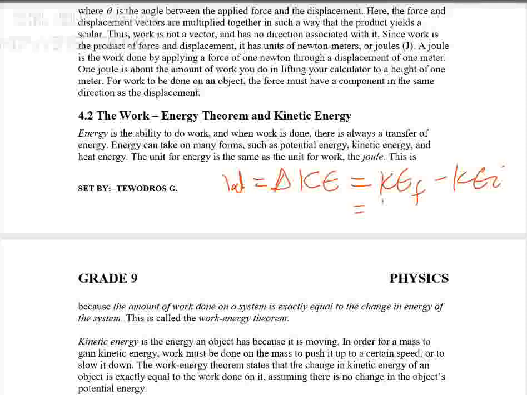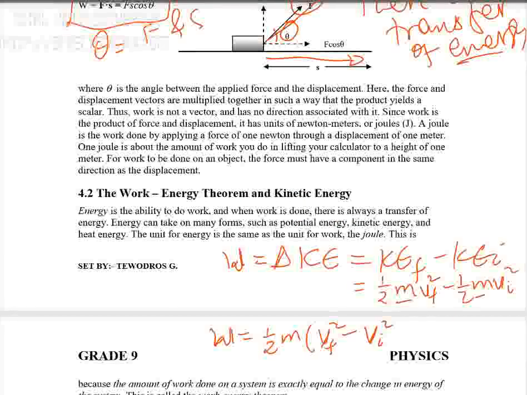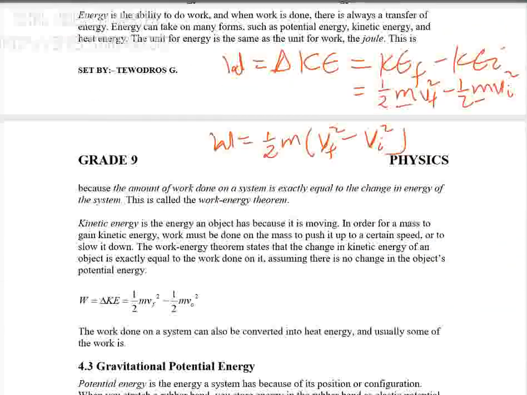Kinetic energy final is 1/2 m times v final squared minus 1/2 m times v initial squared. And by taking 1/2 m as a common factor, finally work is equivalent to 1/2 m times (v final squared minus v initial squared). Here you must take care when you use this equation.